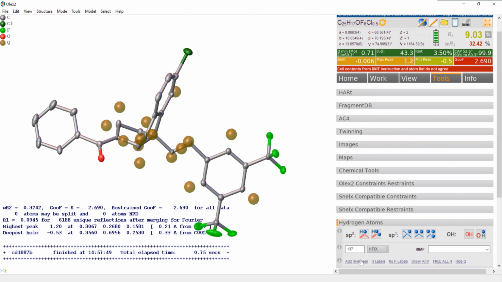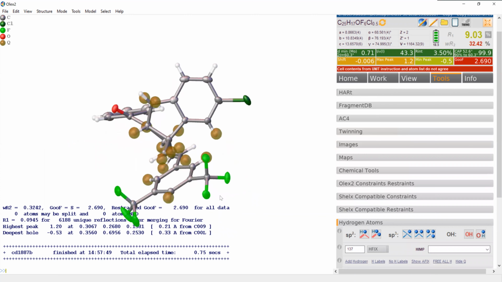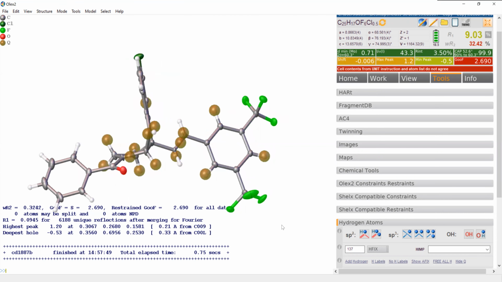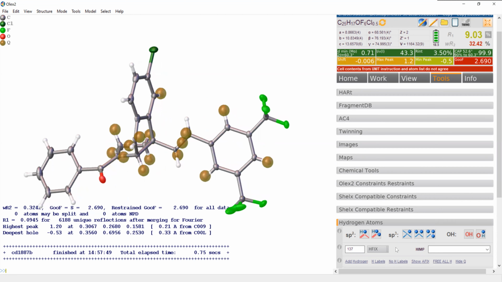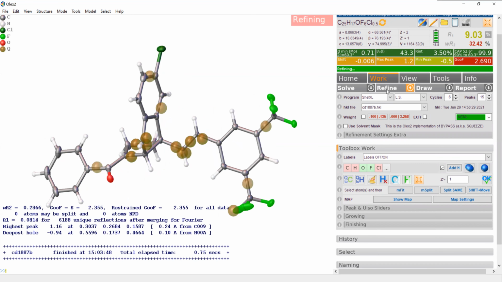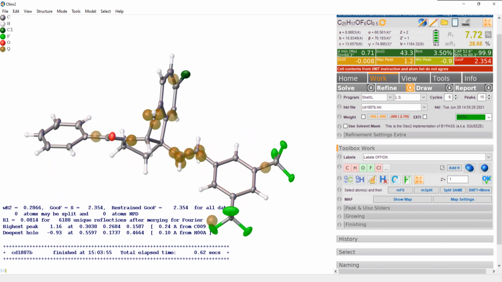But if you want to add hydrogens to all the atoms, you click add hydrogens and it puts hydrogens on all the atoms that require calculated positions. And then we do a refine. Refine again. And we got it converged.